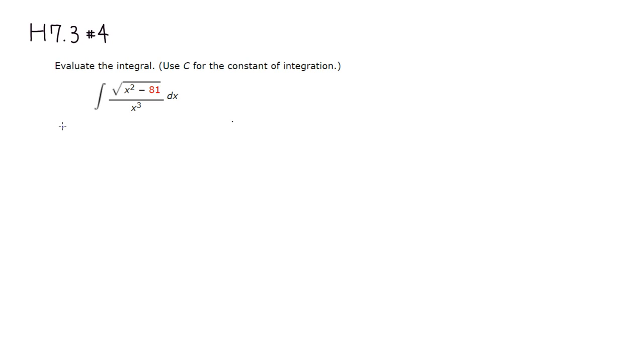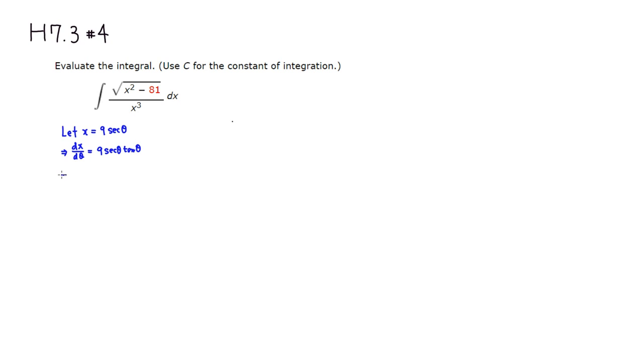So let's do that. Let x be 9 secant of theta, right? If you take the derivative, you're going to have dx over d theta equal to 9 times the derivative of secant, which is secant of theta times tangent of theta.